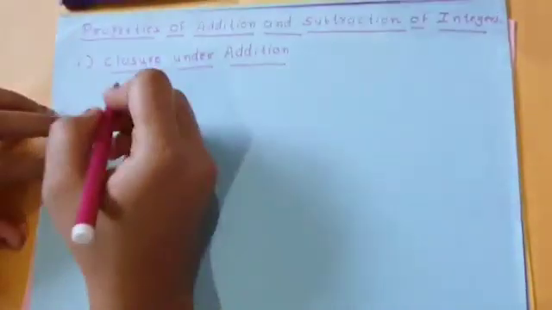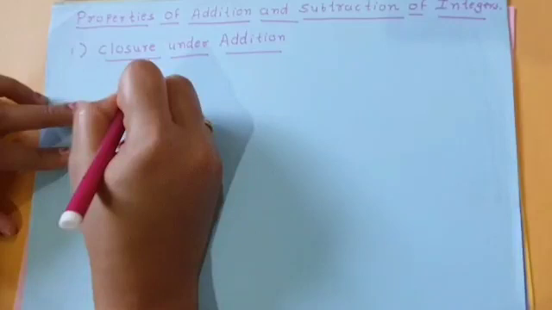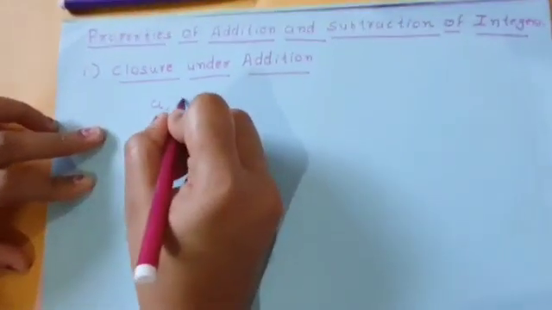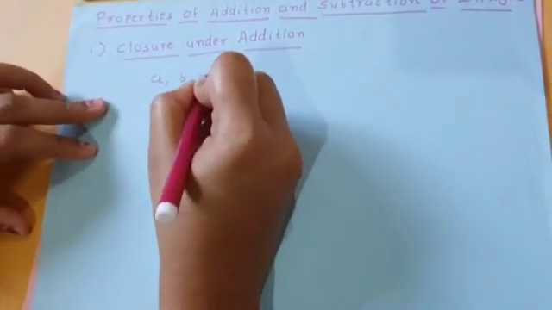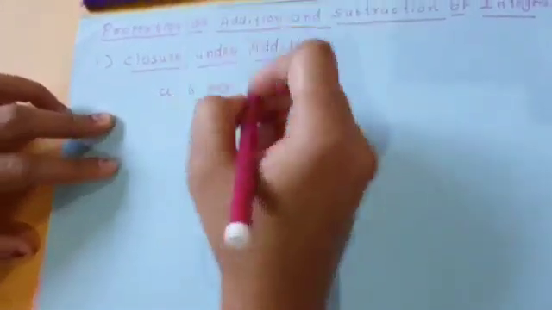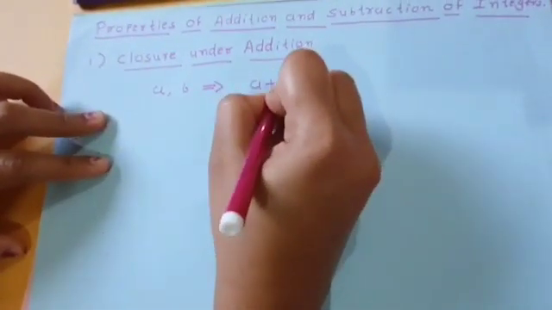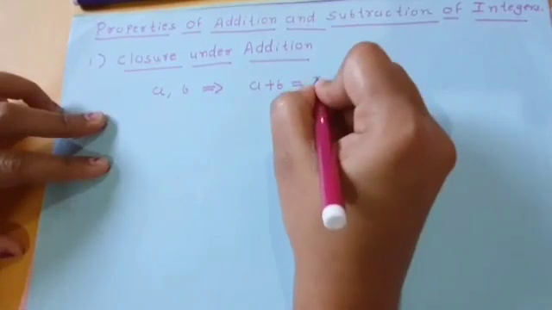Let us see with an example. A is an integer, B is also an integer, so A plus B is also an integer.